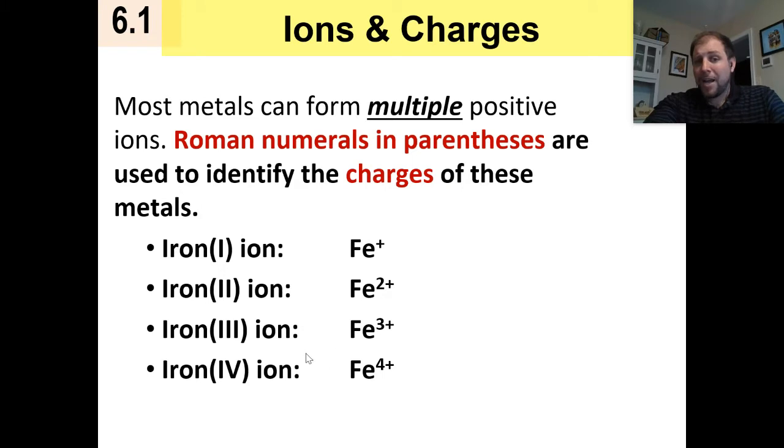Iron oxide with an iron 3 ion gives us rust, which breaks machines down, like it destroys a bunch of stuff. Whereas iron 4 and iron 2 oxide creates something called magnetite, which is a really useful industrial compound.